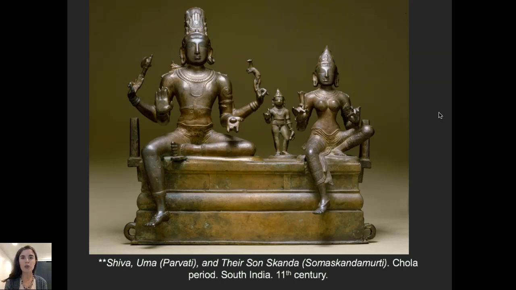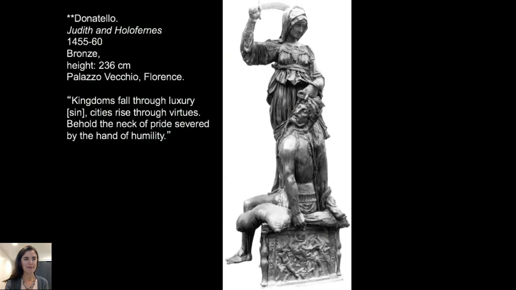She is wearing more jewelry, which was expected of women of that time, and which we'll see in multiple cultures. But just this idea that a woman's role was very often seen as secondary to the man. So she doesn't have quite the level of power, strength, and importance as Shiva. So just important to keep that in mind.